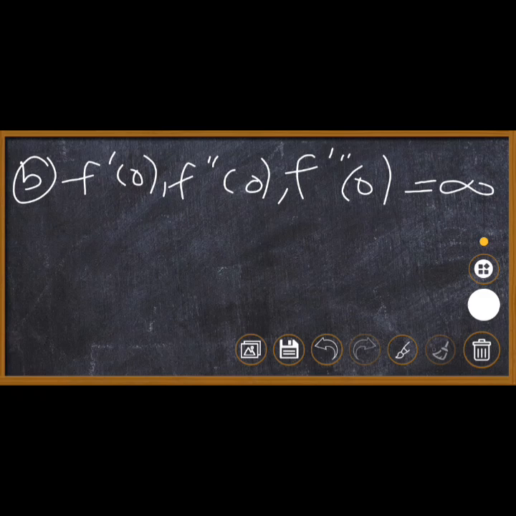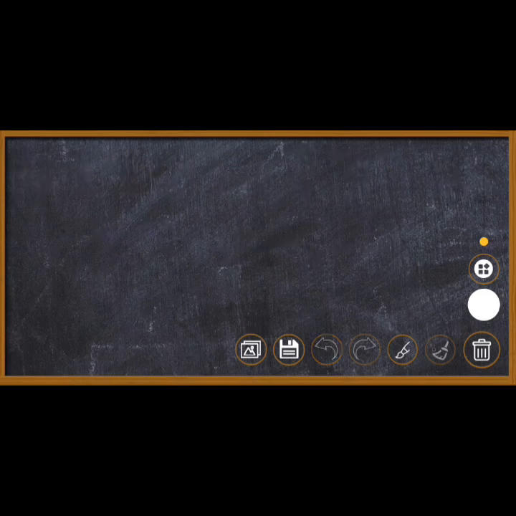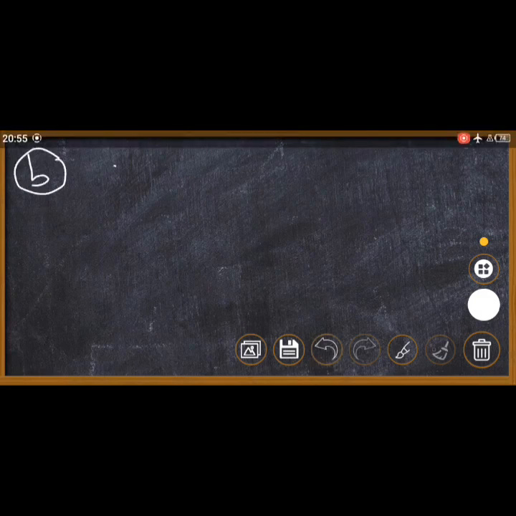The first one we talked about is where you just replace x in the function you have been given with 0, and it gives you infinity or negative infinity, then it does not exist.